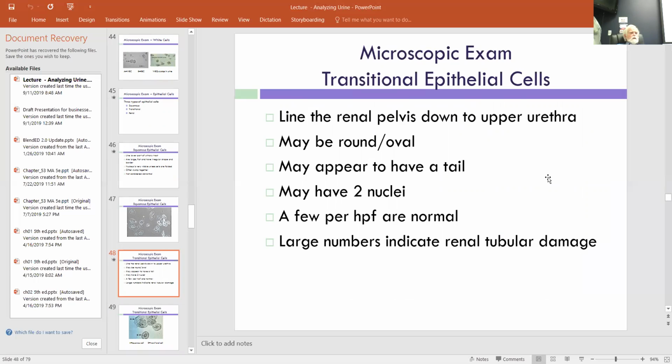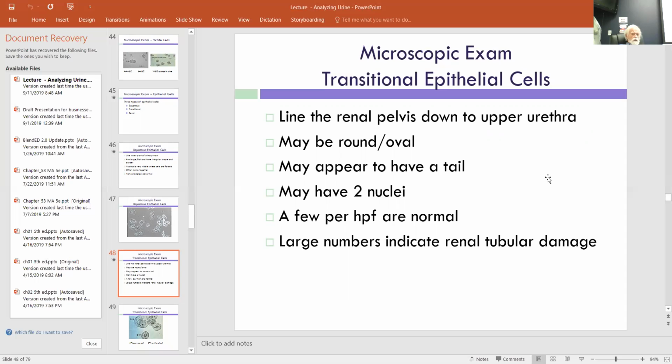Okay, the transitional cells are found in the upper urethra and in the renal pelvis area. They could be round or oval. They might appear to have a tail. Don't mistake them for sperm, right? They may have a couple of nuclei. Cells are not necessarily mononuclear, so they may be.